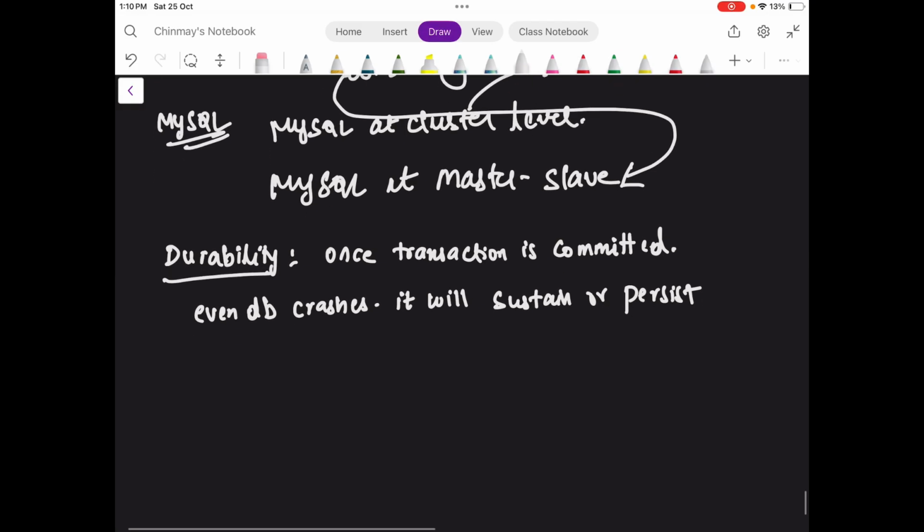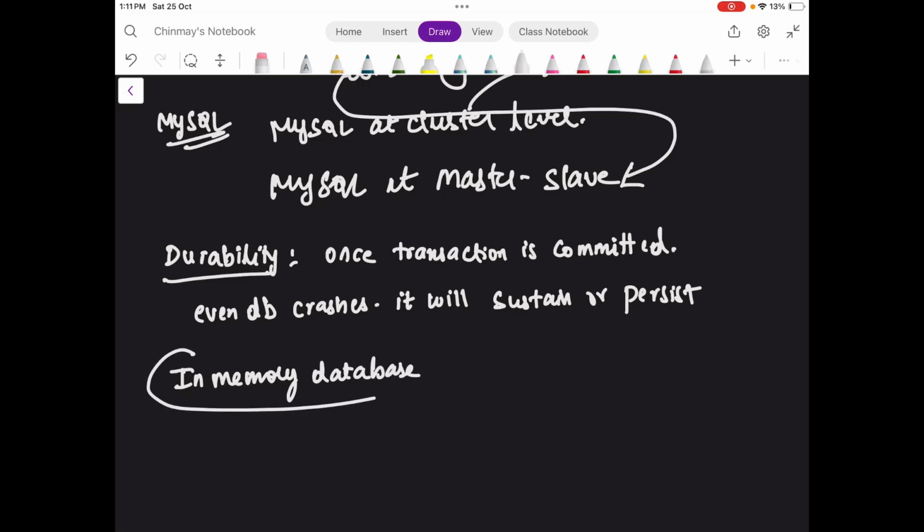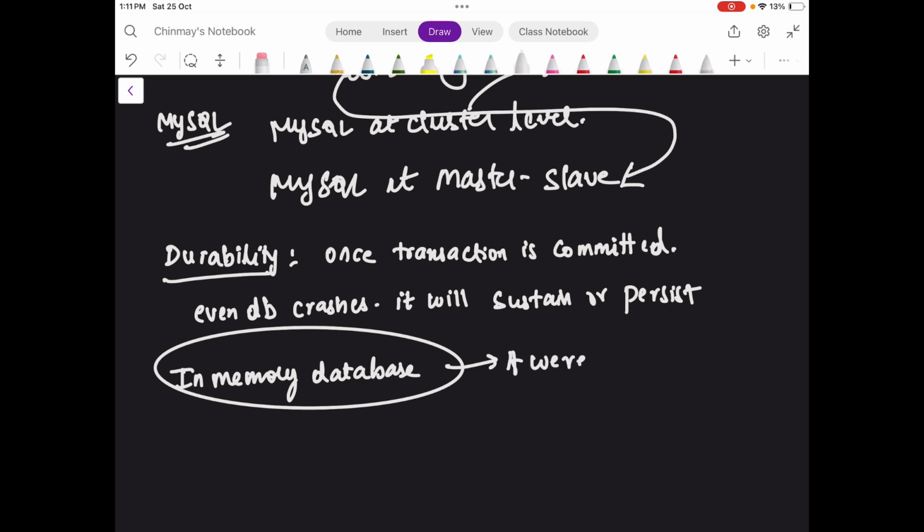If you take in-memory databases, for example, if we restart, all data is gone. It is not durable.